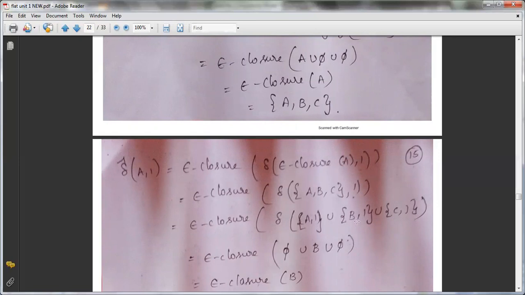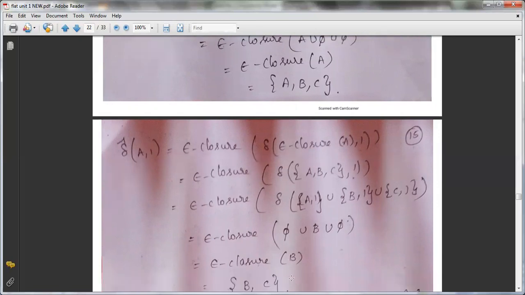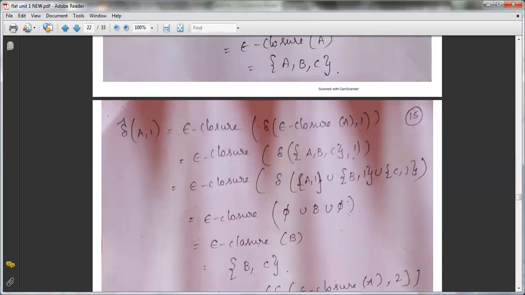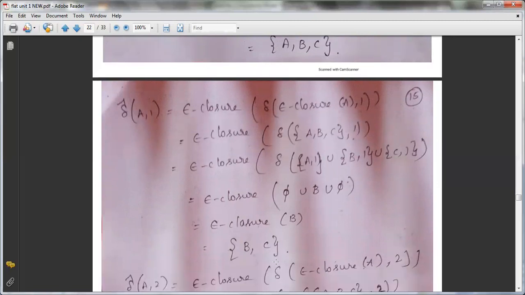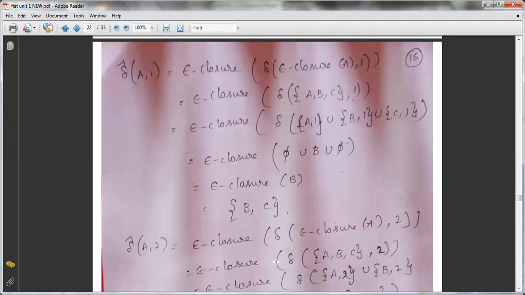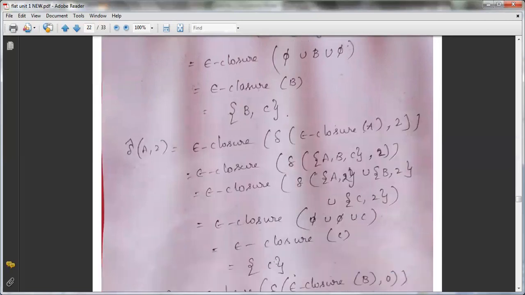For B, B on 1 is B and C on 1 is pi. So pi union B union pi is nothing but B. So what is the epsilon closure of B? B comma C.